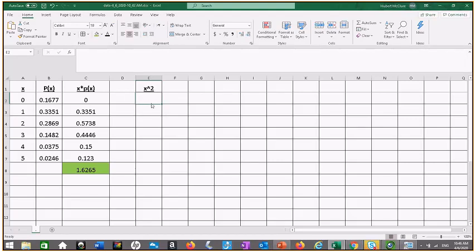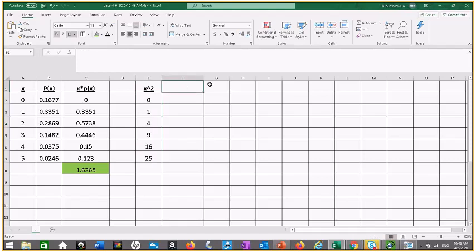So x squared is equal to this raised to the second power, and I'm going to copy that down, and then I'm going to put over here x squared times p of x. So that's equal to 0 times p of x, and I'm going to copy that down, and that's going to be my summation.